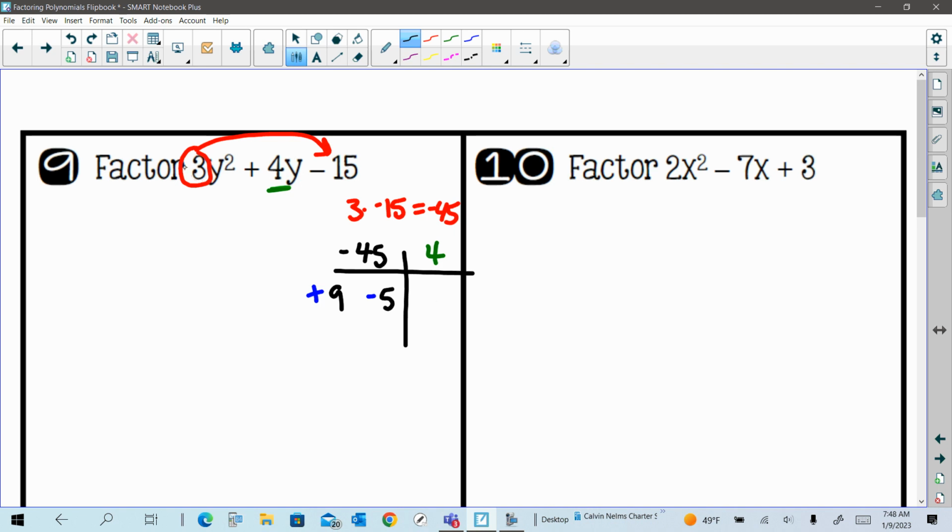Now, after you slip and slide this multiplication, when we factor, we're going to divide. We have to reverse the multiplication. So we're going to start off writing the factors like we did on the other set of examples, which is y plus 9 and then y minus 5. But because we have this coefficient of 3 right here, you have to divide each factor by that 3.